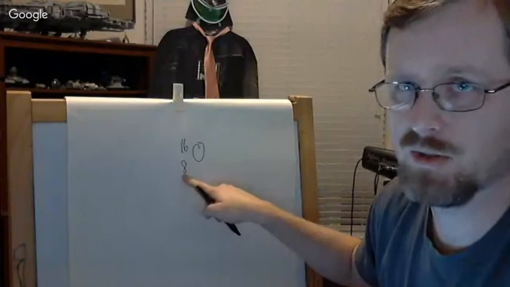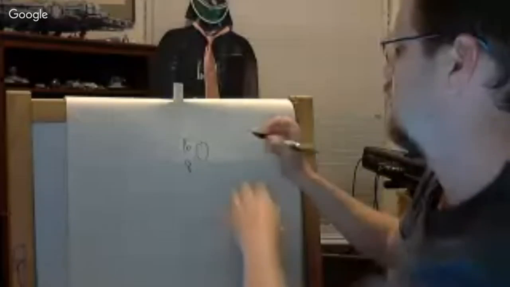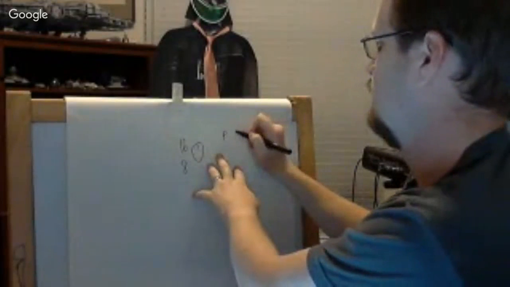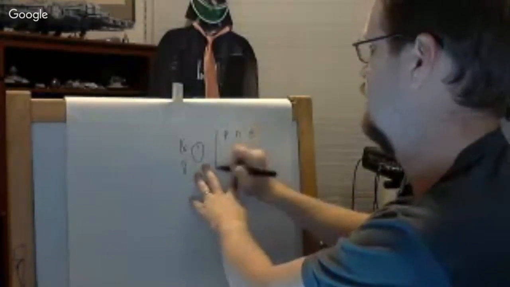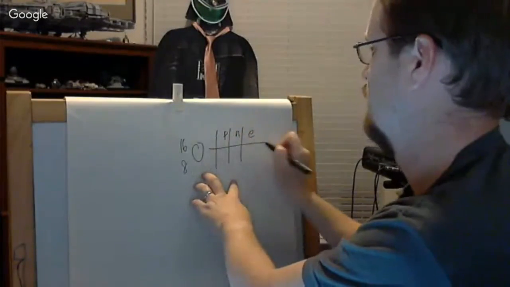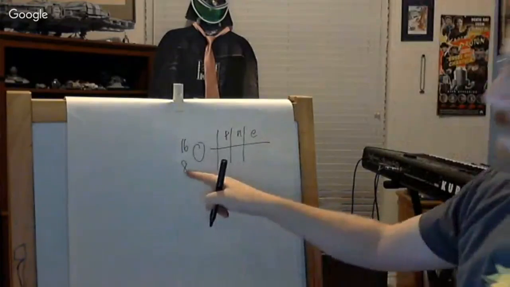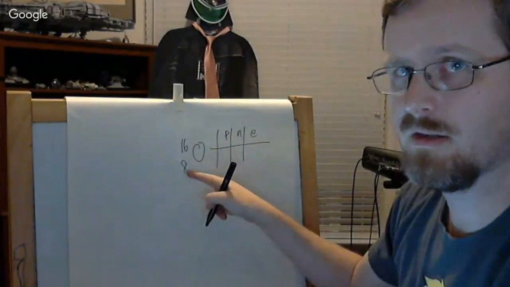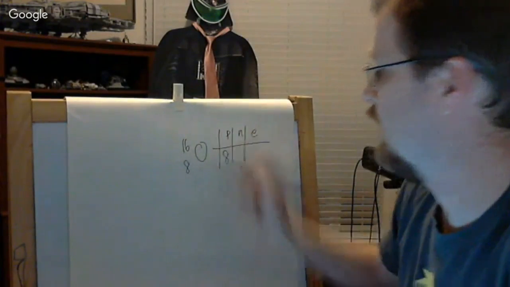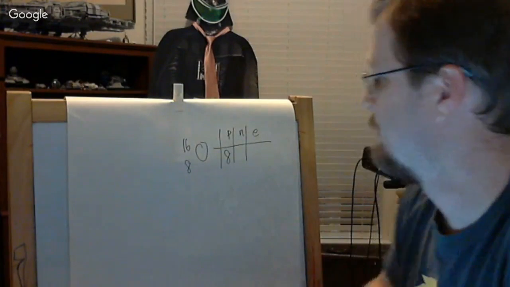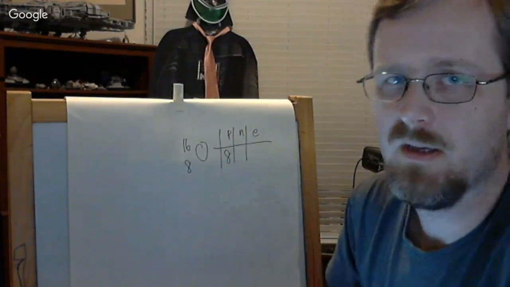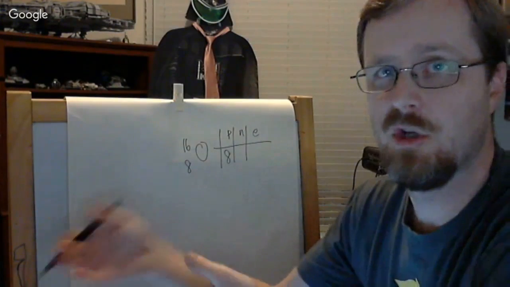So if I were to do a little chart with protons, neutrons, electrons, okay? Well, my atomic number here is the number of protons. So I have 8 protons, okay? Now the mass number is the protons plus neutrons.